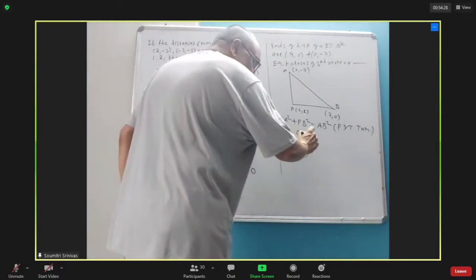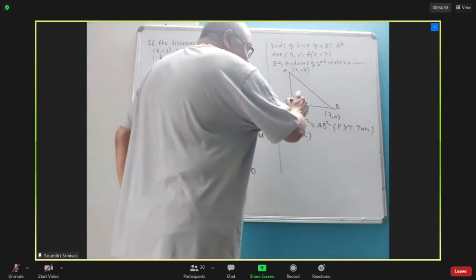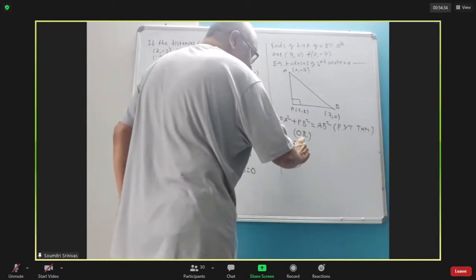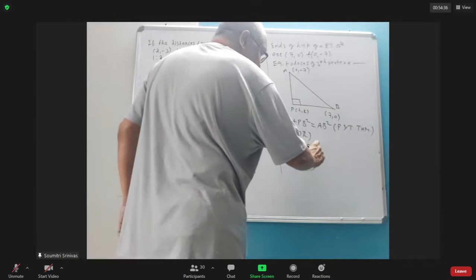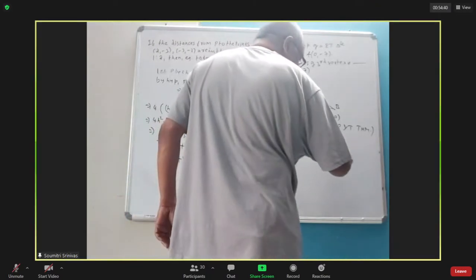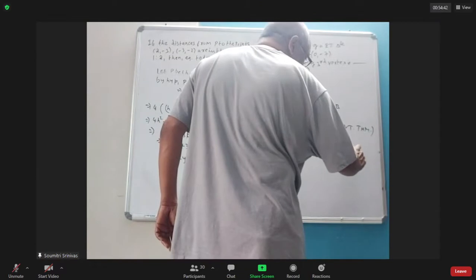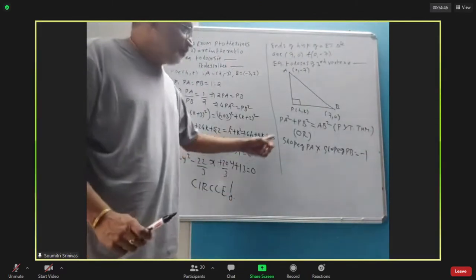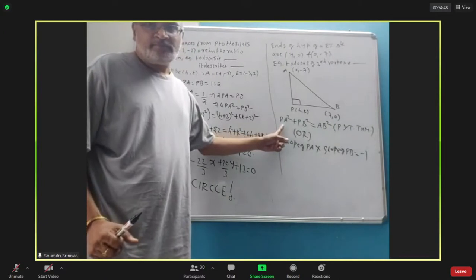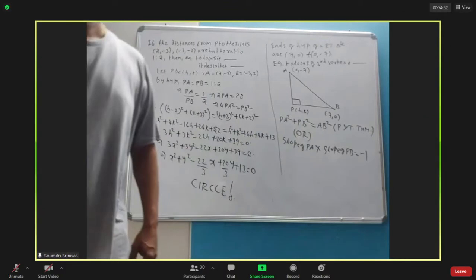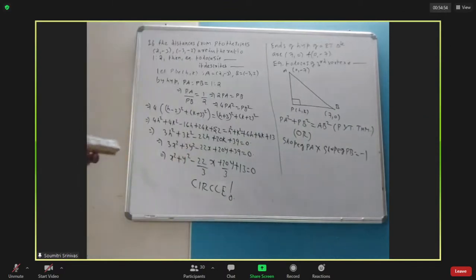What is the easy way? Slope: slope of PA into slope of PB. You get the answer with Pythagoras also, but that will be laborious. This will be easy. Use the second one, the answer will come.